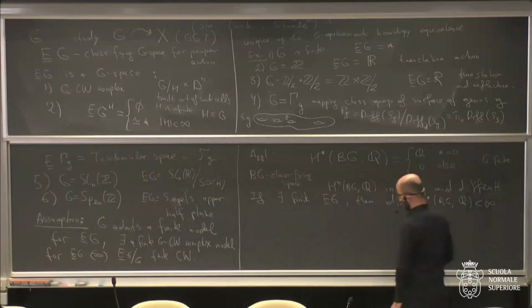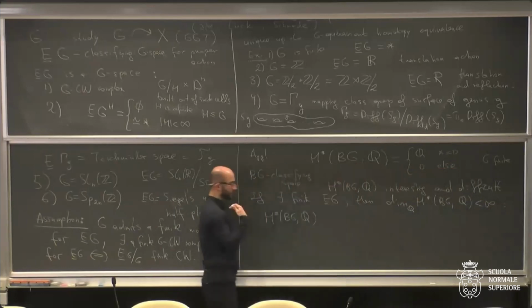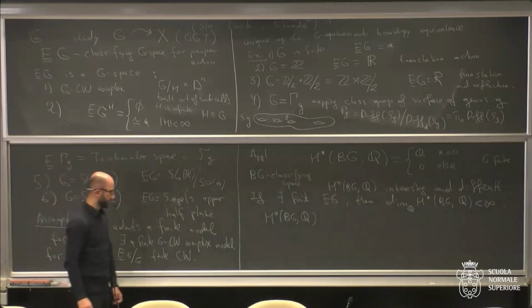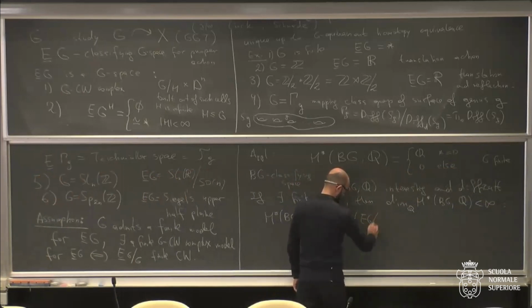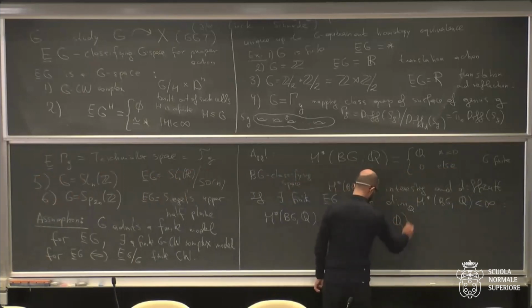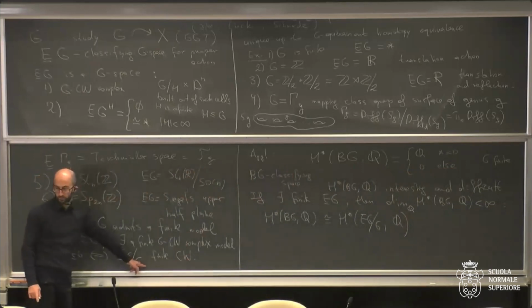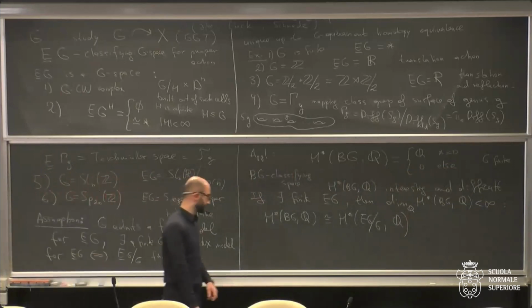Well, this follows from a very simple observation that if you take cohomology of BG, because for finite groups the cohomology looks so simple, this is the same as rational cohomology of this E under bar G divided by G, Q. And now I told you this is a finite CW complex. And that gives you a bound on the dimension of cohomology.